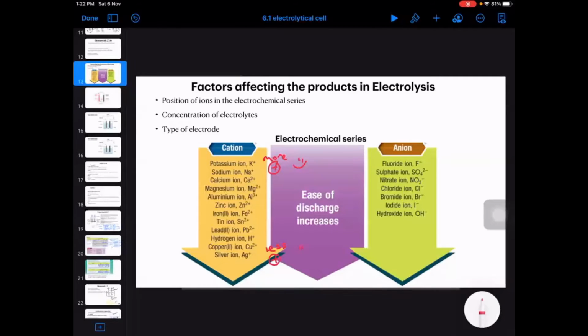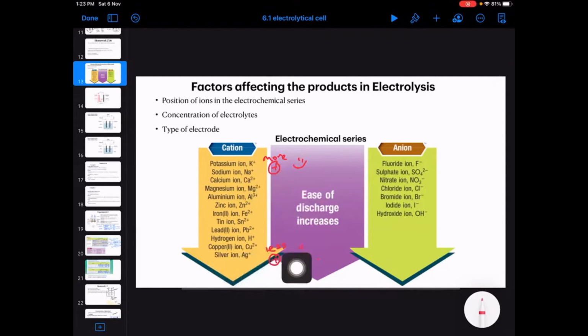That means they don't like to be a positive ion. A more electropositive ion, for example potassium, does not easily become an atom because they feel very comfortable. They like to be an ion, so they will not become an atom easily. Okay, so this is what more electropositive means.